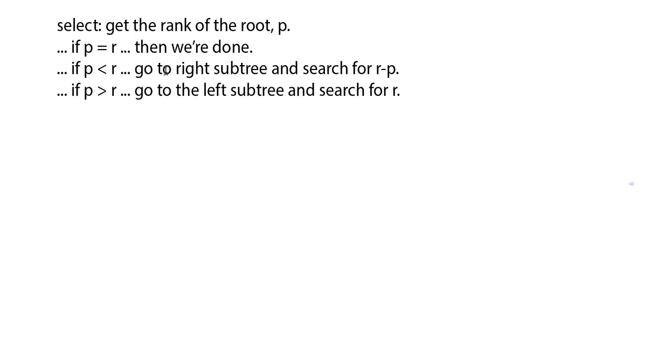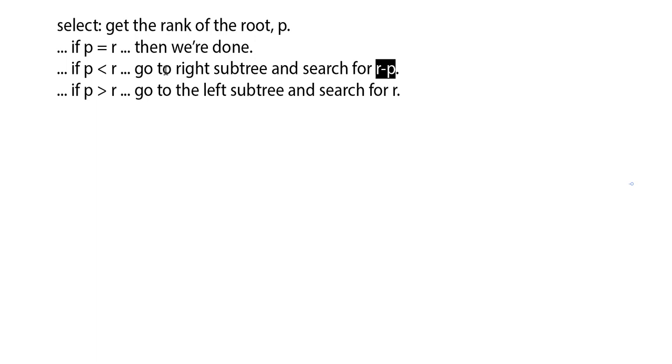And here you may be asking, why do we search for R minus P instead of R the way we did here? Well, if you remember the structure of an AVL tree where we have stored these sizes, the sizes don't really discriminate between if you're in the left subtree or the right subtree. The sizes themselves are just recording the size of the subtree rooted at some given node, and that doesn't really differ between the left and the right.